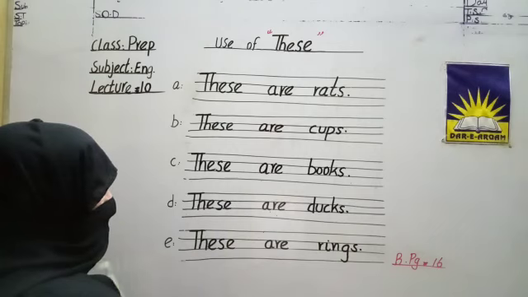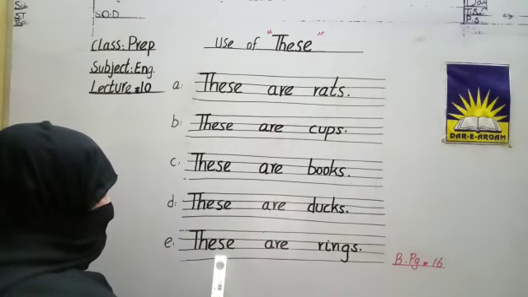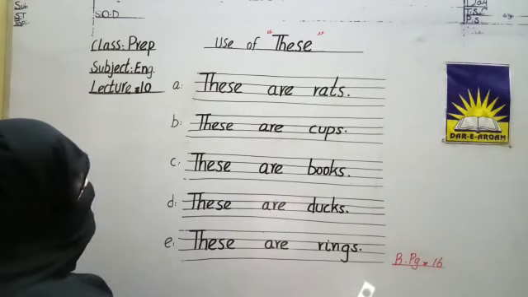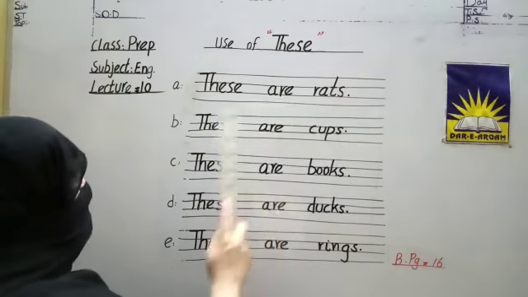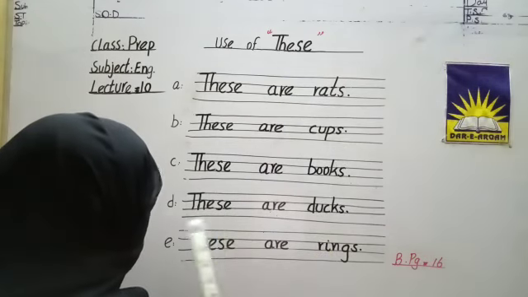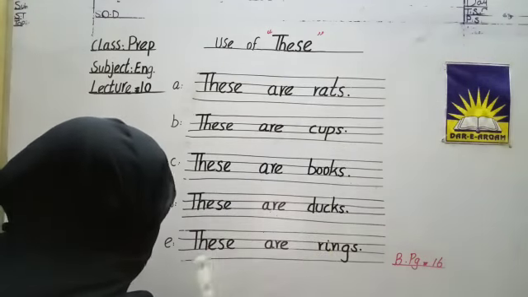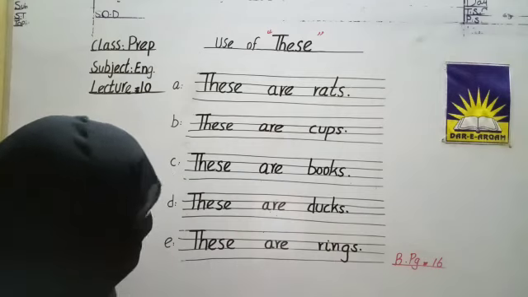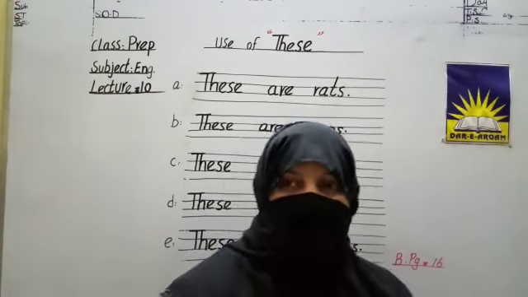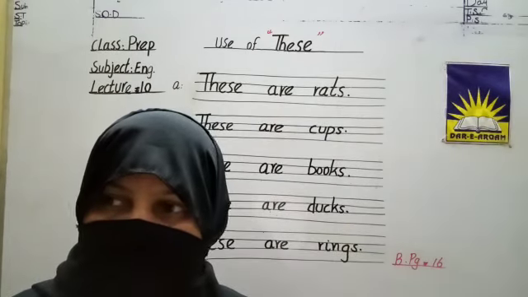These are rings. These are rats. These are cups. These are books. These are ducks. And these are rings. Now, students, you learned the next half page of book page number 16.